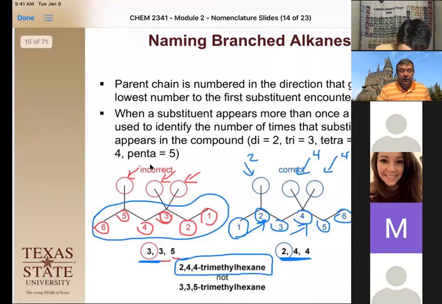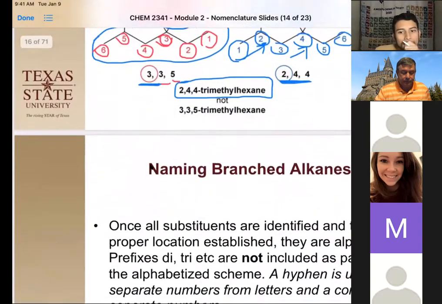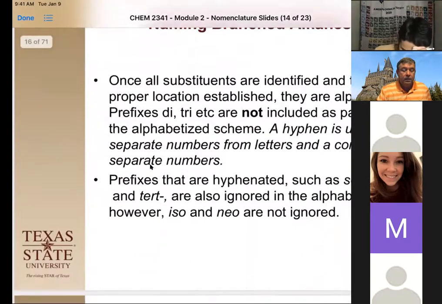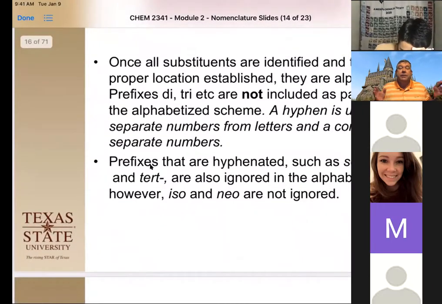Now, what if they're not all the same? Well, we have a rule for that too. Once all the substituents have been identified and their proper location has been established, putting the first substituent on the lowest number, and they're not the same, we start looking at them in alphabetical order.